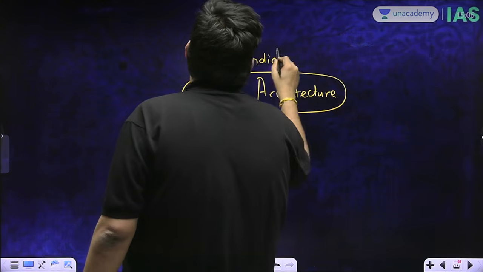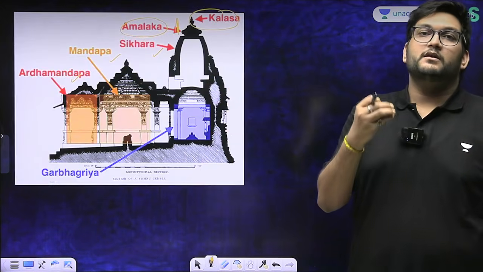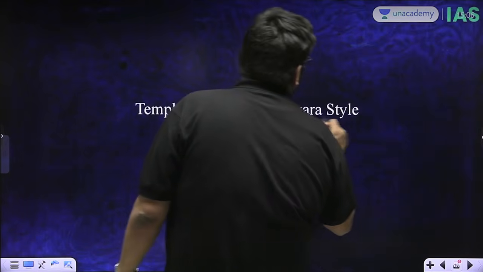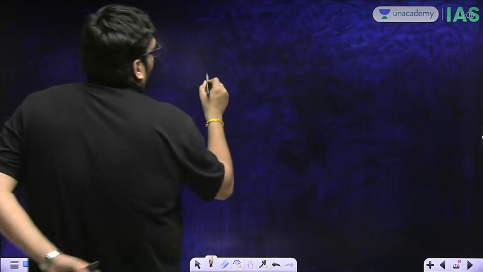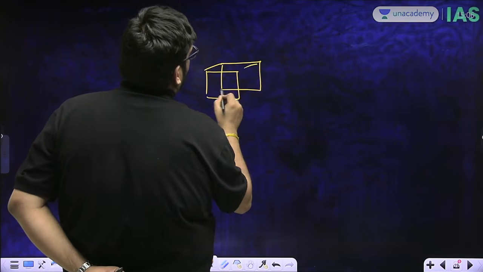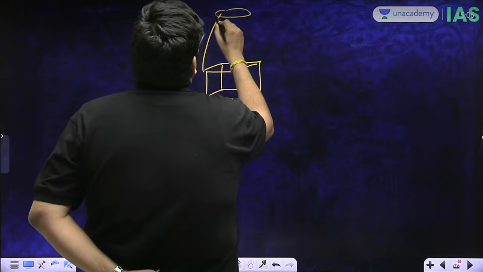And what we have learned as generic features is actually the features of Nagara only. But let's summarize what the Nagara style of temple architecture is. Okay. Now, you obviously have the Garbhagriha. That does not change. You have the Shikhar. You also have the Amalaka.